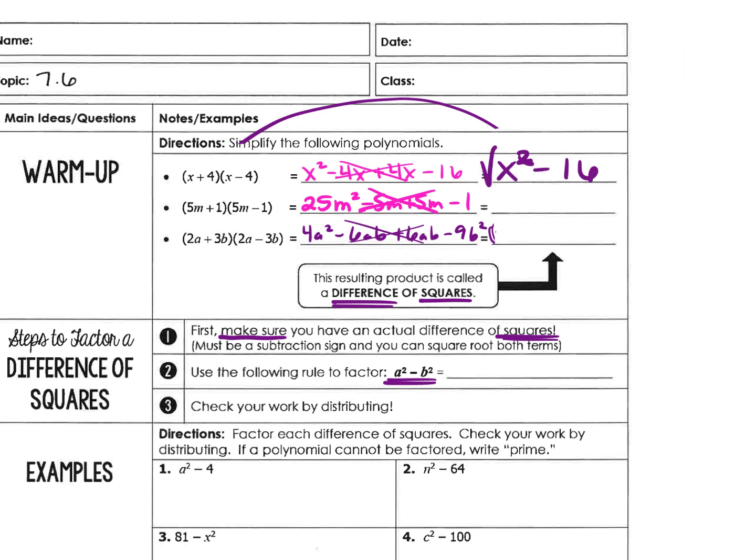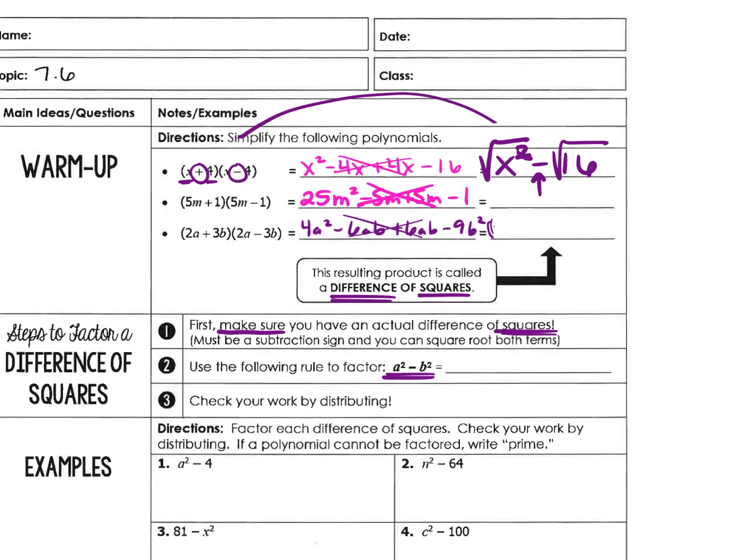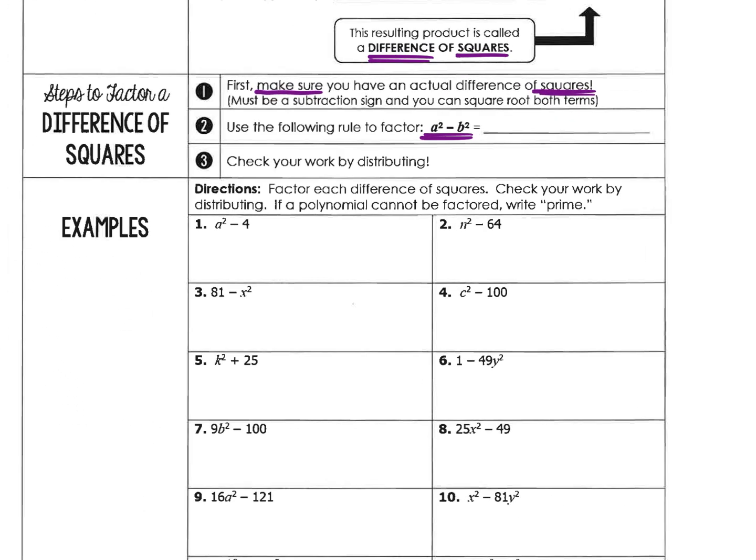If I square root this and square root that, I get x and 4. And if this is a minus sign, then this will be a plus and a minus in my two binomials. Okay, so it's really just a shortcut for you for how you factor this. So here's how it goes. If it's a squared minus b squared, then this is a plus b times a minus b. Okay, so it's the reverse of what we just did.